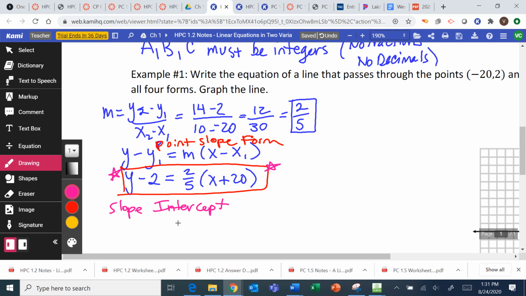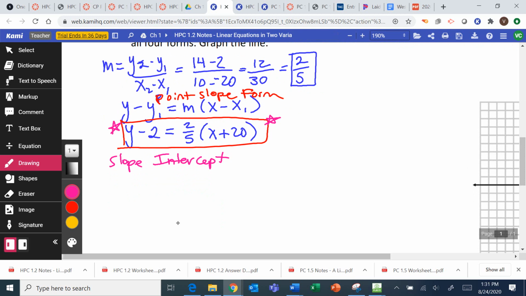Kyle, what would you do to simplify this one in the red box to make it into slope-intercept? So, Kyle, we're making it into y equals mx plus b. Are there parentheses in y equals mx plus b?